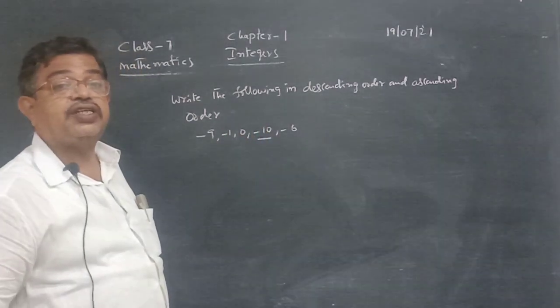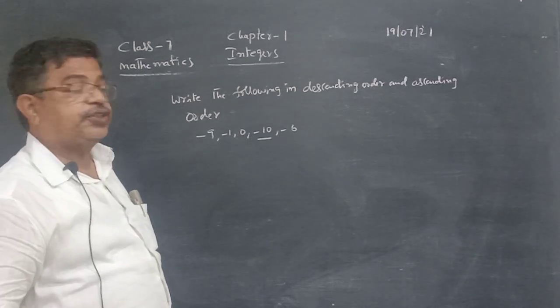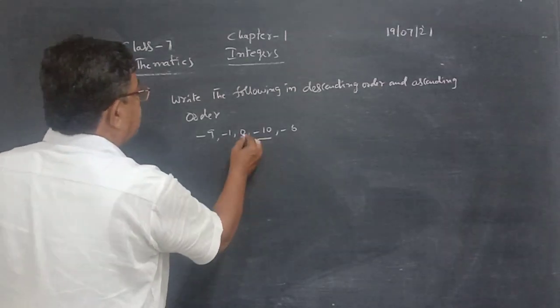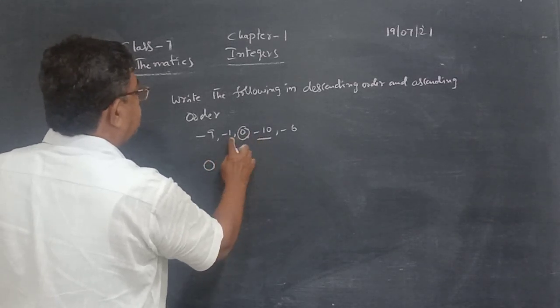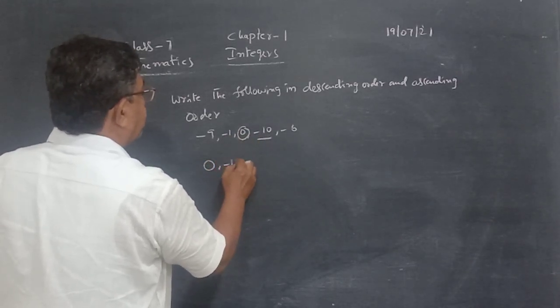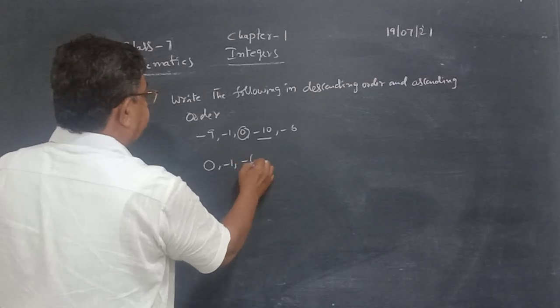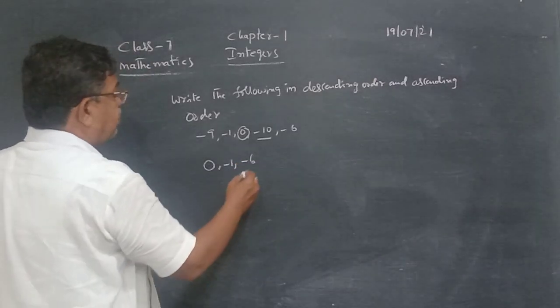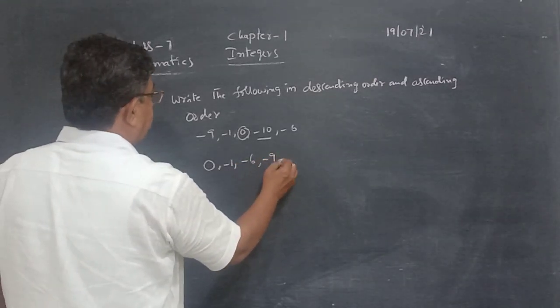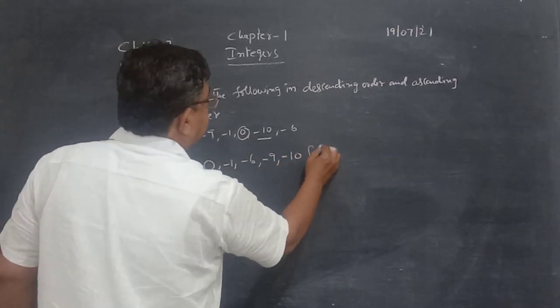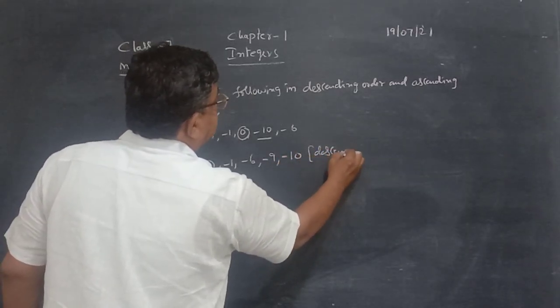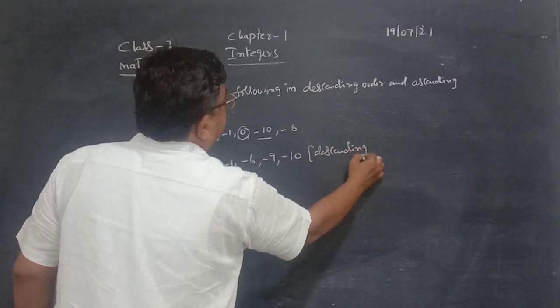Its value is very small than any positive value. So what is the greatest value here? 0. 0 is greater than minus 1. Minus 1 is greater than minus 6. Minus 6 is greater than minus 9. And minus 9 is greater than minus 10. This order is descending order.